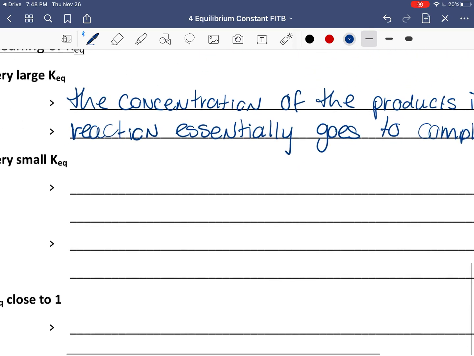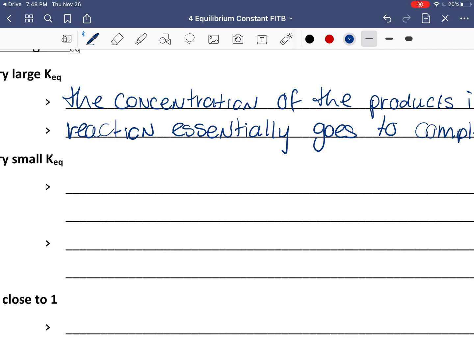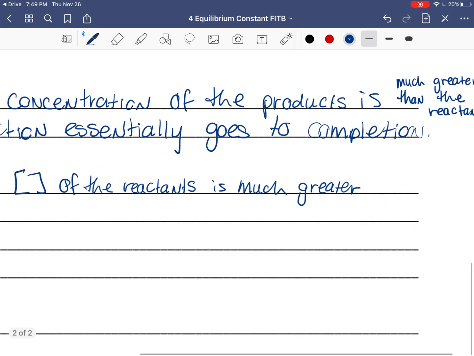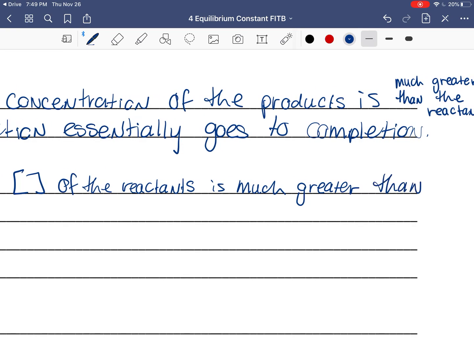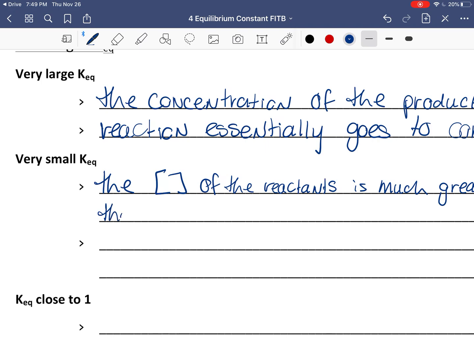If we have a very small KEQ, the concentration of the reactants is much greater than the concentration of the products.